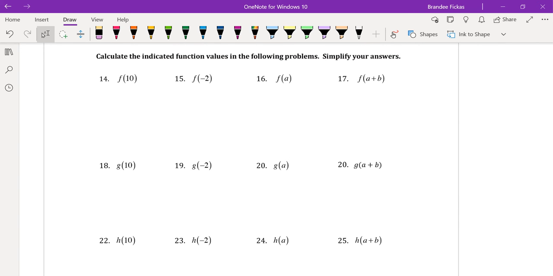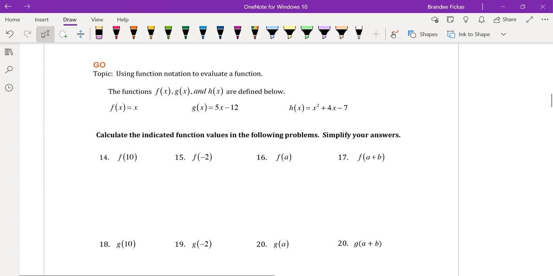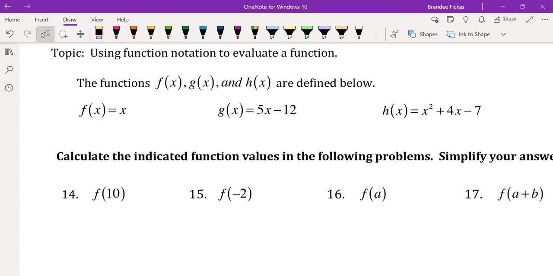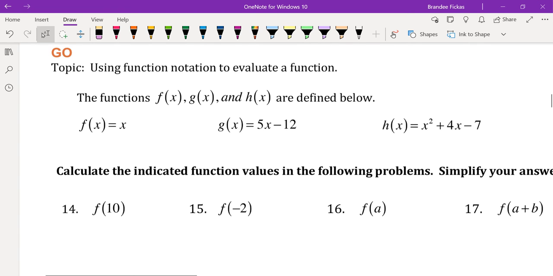I'm not going to go through the arithmetic part of it and how to simplify. But I do want to get through some of how you plug in, how you get started part of these questions here. So we have functions. Now, function notation, if you are not familiar with function notation, this is function notation.